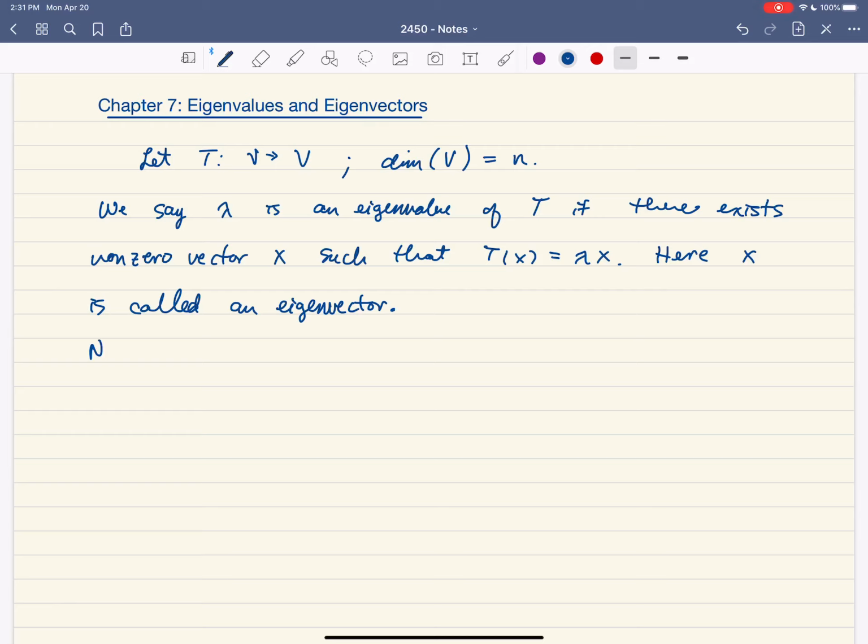I want to note that if x is an eigenvector for lambda, under some linear transformation T, then so is any multiple of x.